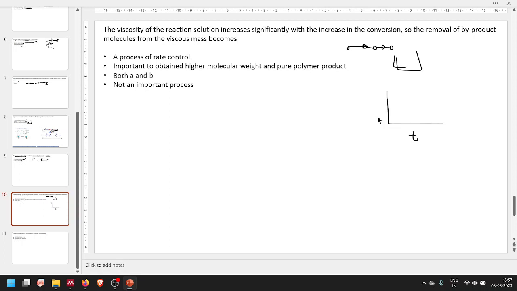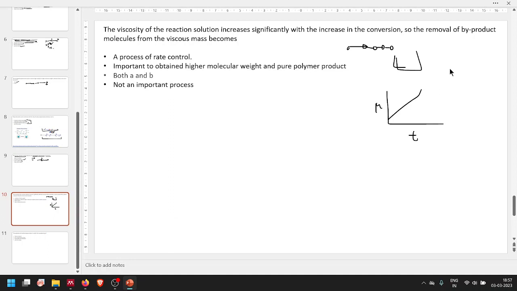If you draw a graph of viscosity against time, it will increase as the reaction proceeds, because large scale entanglements will start occurring in the newly formed polymer, and that will result in increase in viscosity. So the removal of byproduct molecules from the viscous mass becomes a process of rate control.